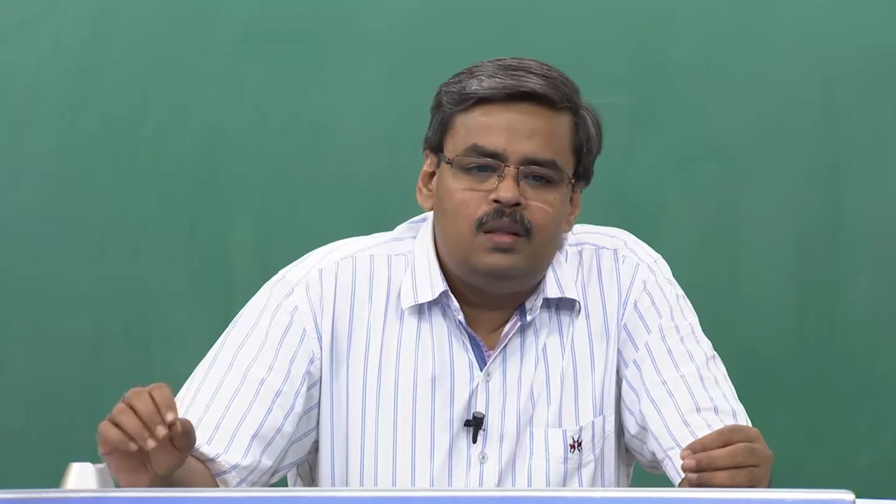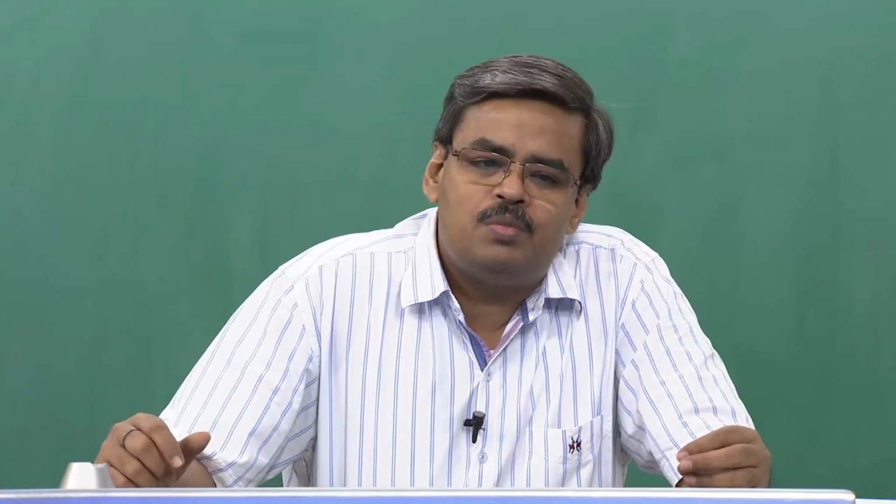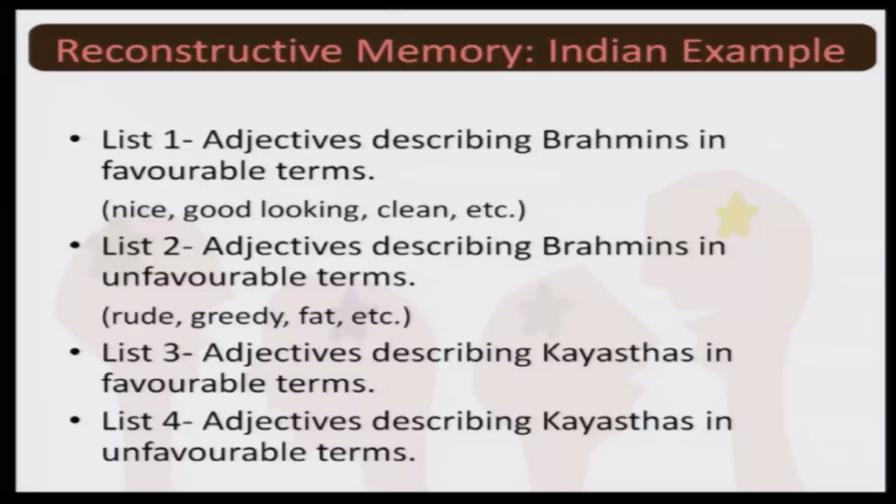The first list had adjectives describing Brahmins in favorable terms like nice, good looking, clean, and so on. The second list had adjectives describing Brahmins in unfavorable terms like rude, greedy, fat, and so on. The same thing was done for the Kayasthas. List 3 had adjectives describing Kayasthas in favorable terms, and list 4 described them in unfavorable terms.